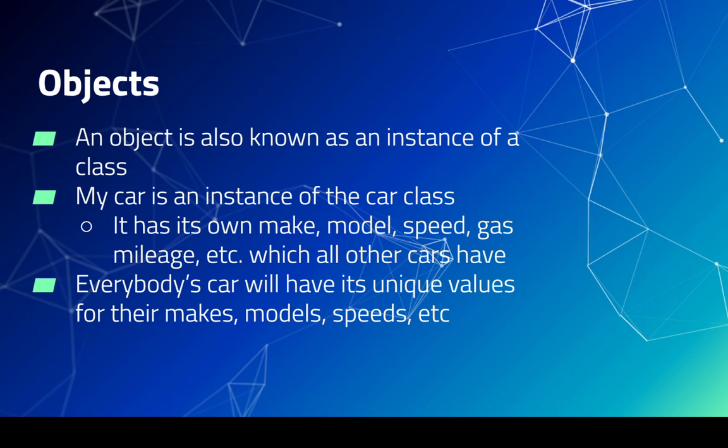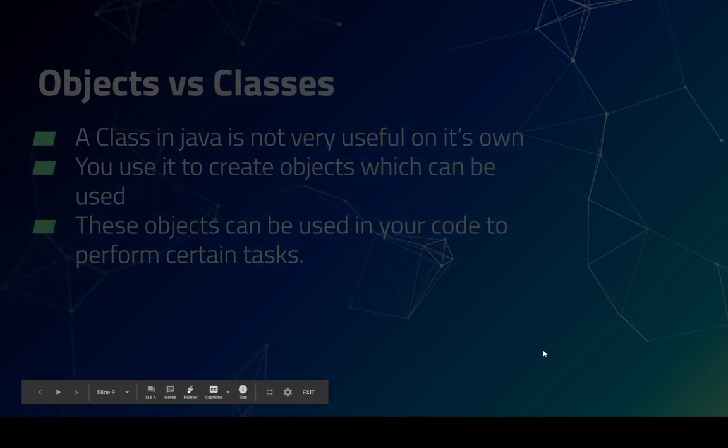Well, actually, the drive method is the same as the other cars' drive methods, but the variables are all different. And all the other cars have those things as well, but they don't necessarily have the same values in those things, right? My speed might be different from their speed, and their model might be different from my model, for example.